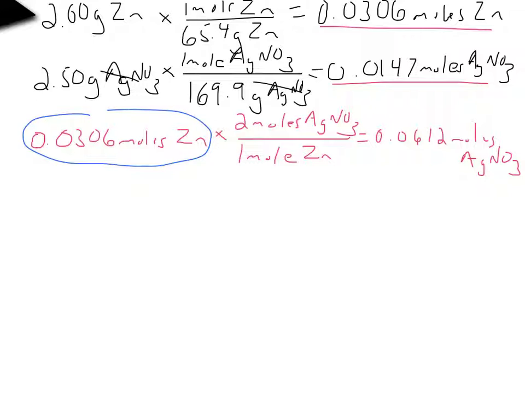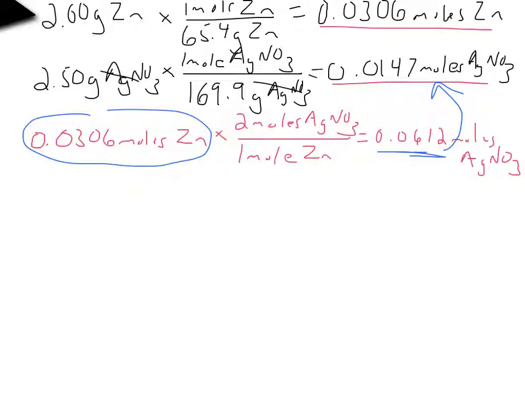But what you'll notice is that this is what we need, but what we actually have is less than that. We're only starting with 0.0147 moles of silver nitrate. Thus silver nitrate is the limiting reactant because we don't have enough of it to completely react with all of this zinc. So our first answer is going to be silver nitrate.